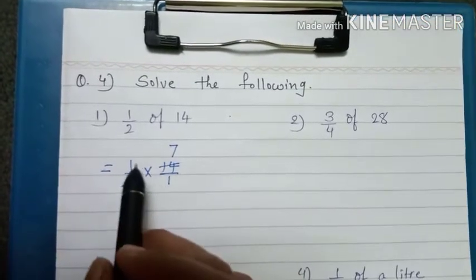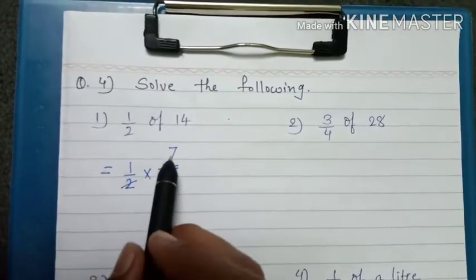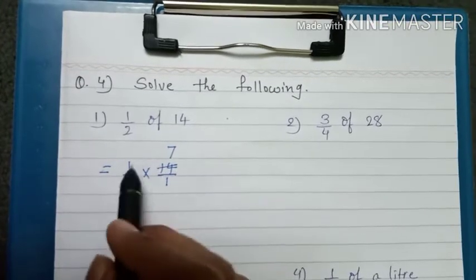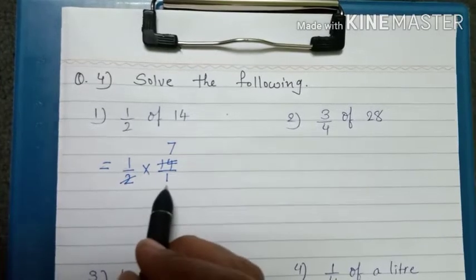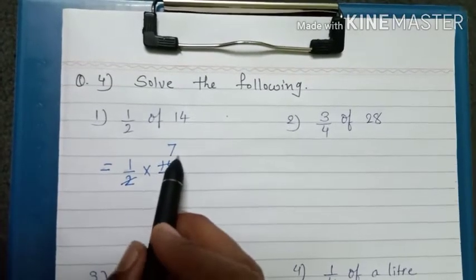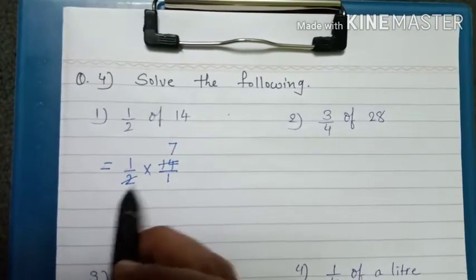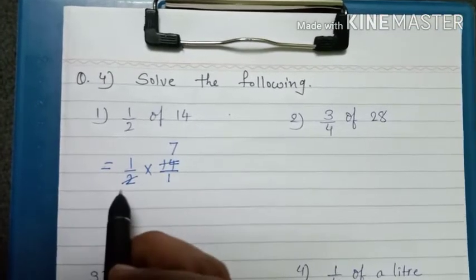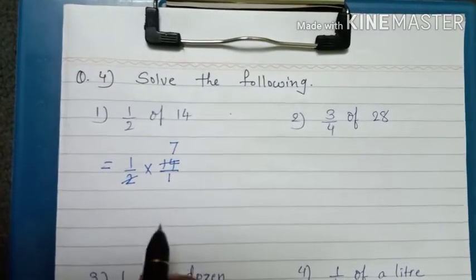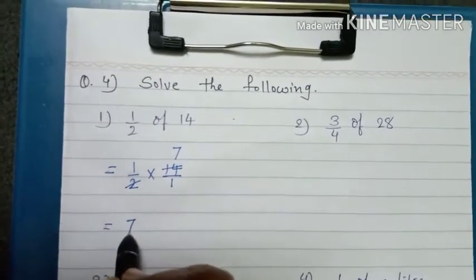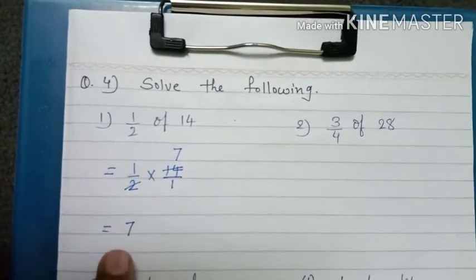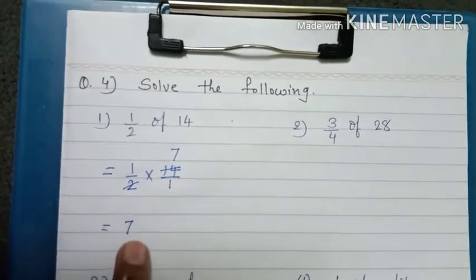So which number is left in numerator? 1 and 7. So 7 1s, both the relation is multiplication, the same relation of numerator, the same relation of denominator. But the numerator and denominator relation is division. Every time you remember. Now 7 1s are 7. So our answer is 7. Half of 14 is 7.